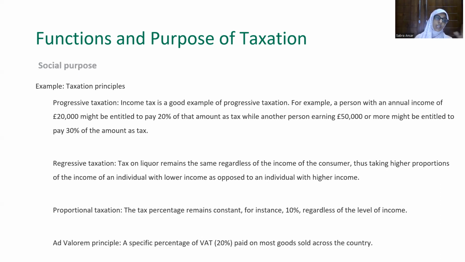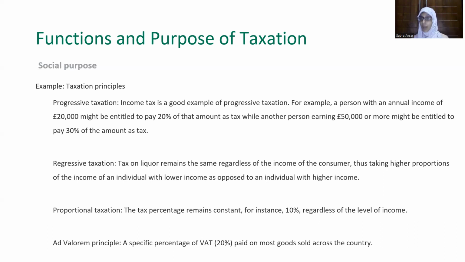Now, the next one is called proportional taxation. What is proportional taxation? The tax percentage remains constant, for instance, 10%, regardless of the level of income. This is where a specific percentage is already given, and it doesn't matter what the level of income is. Before, in regressive taxation, it was a specific amount.